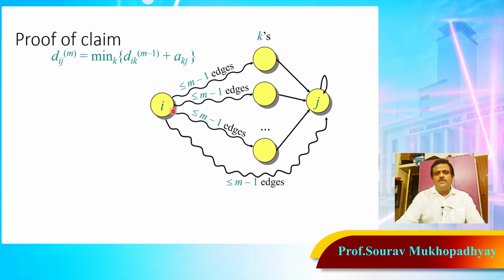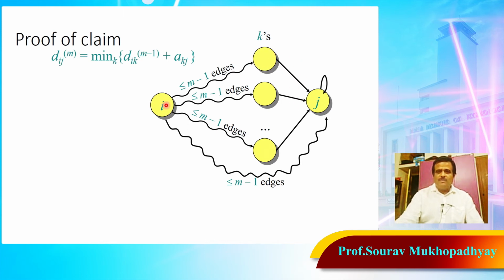Now, if we have to visit at most m edges, Dij m, to go from i to j, and we already have a direct edge from this vertex to this j, even for a self loop, then from i to these vertices, what is the number of edges we are allowed to visit? That is less than or equal to m minus 1, because the total is m and we already have a direct edge.